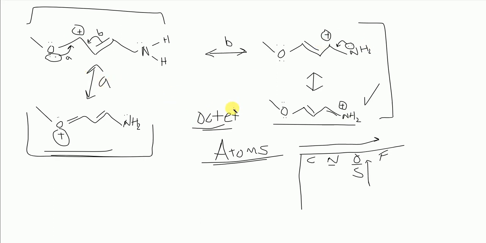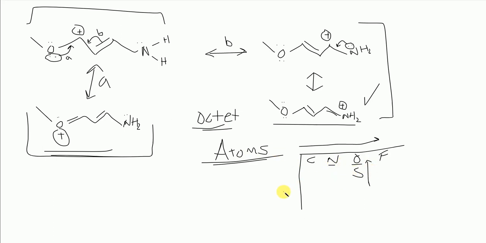It's the prerequisite before I look at anything else. It's the most important thing. I need a full octet before I start comparing atoms and electronegativity and size. Octet is far more important than electronegativity and size.